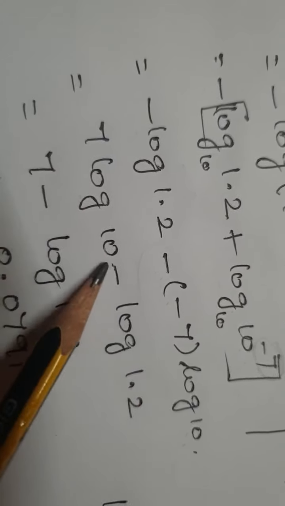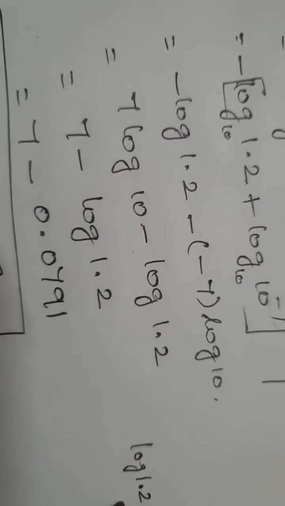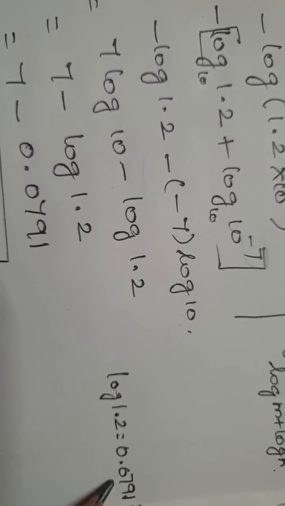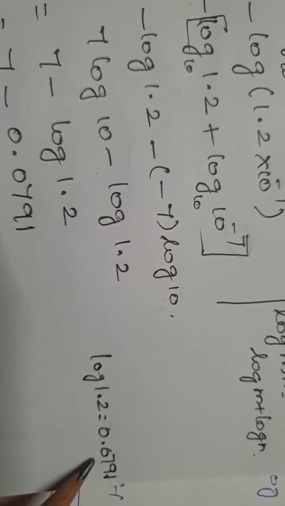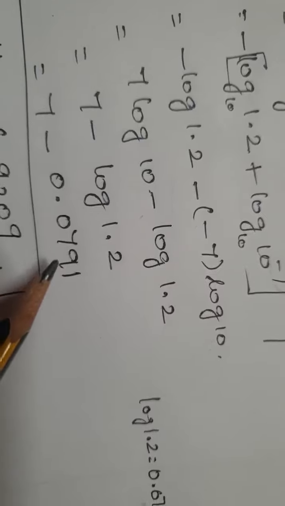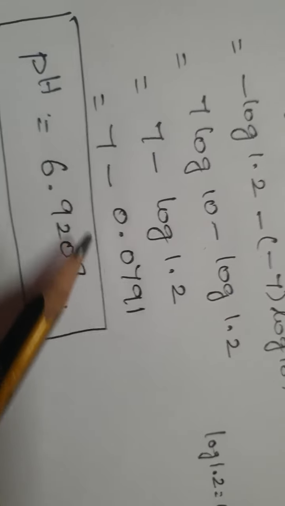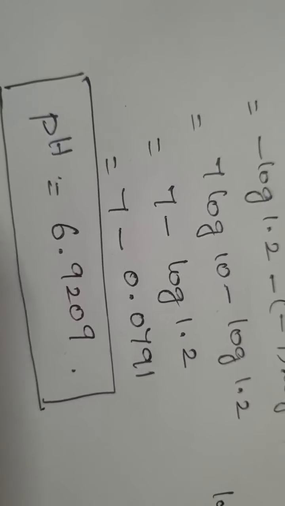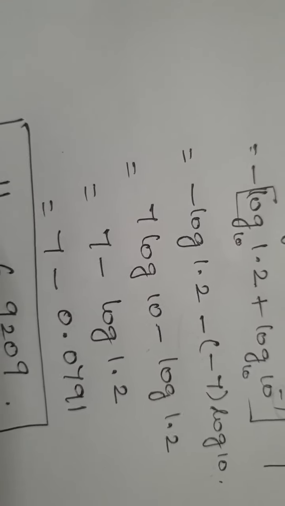So 7 log 10 minus log 1.2, with log 10 value 1. So 7 minus log 1.2. The log 1.2 value, if you search it in the book, is 0.0791. So 7 minus 0.0791 gives the pH equal to 6.9209. So this is the pH value for this 10^-8 M sulfuric acid.